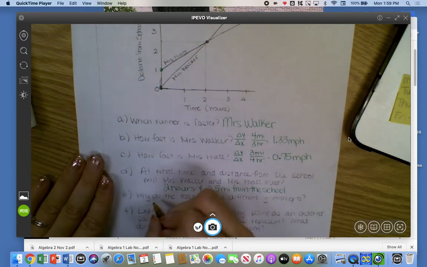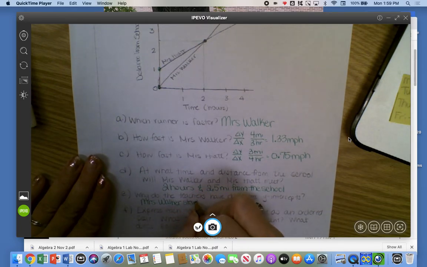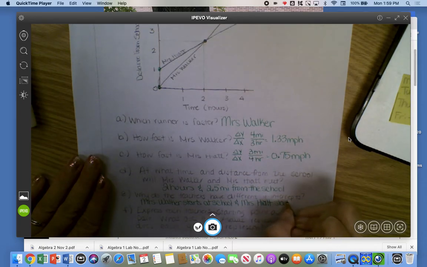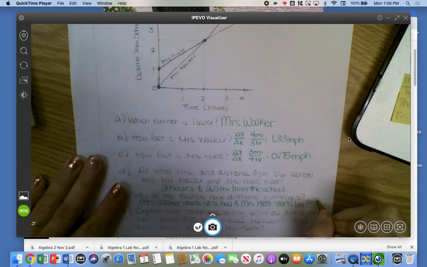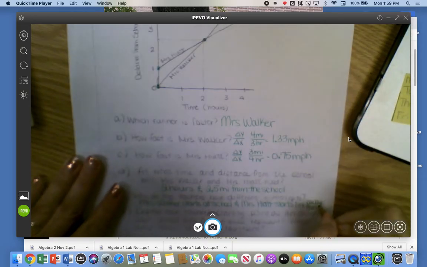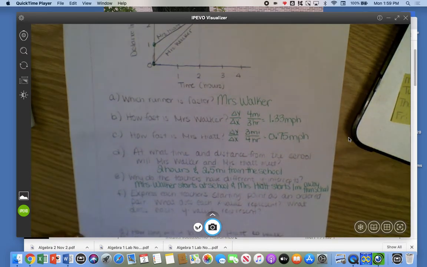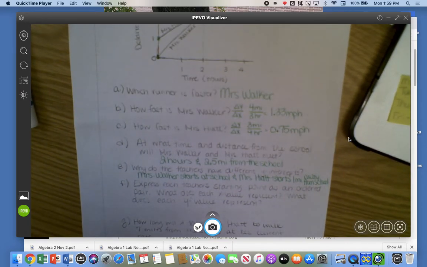So if we can see this, I can say Mrs. Walker starts at the school and Mrs. Hyatt starts 1 mile away from the school. Away from school. Sorry, I'm running out of room. All right, so we are running away from school. No, we're not running away from school. We're still at school. But she's a mile away from the school.